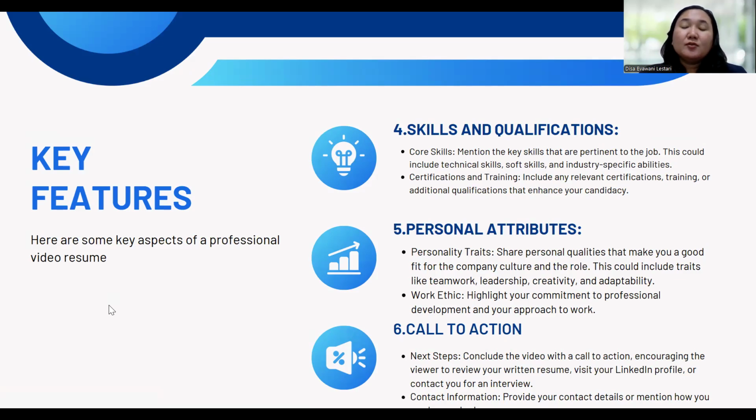Okay, so you mention at what number, or at what email they can contact you. Okay, so close it with that, because it's in the form of a video.